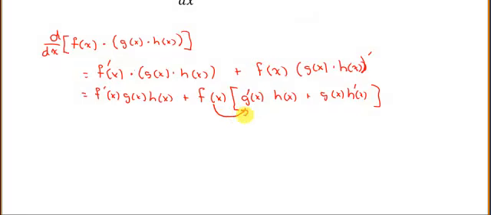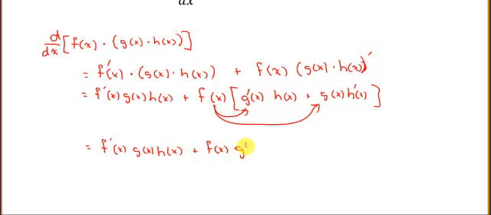And now distribute, remove the grouping symbols, so multiply through by f of x, and we'll get f prime of x times g of x times h of x, plus f of x times g prime of x times h of x, plus f of x times g of x times h prime of x. And this would be the result.